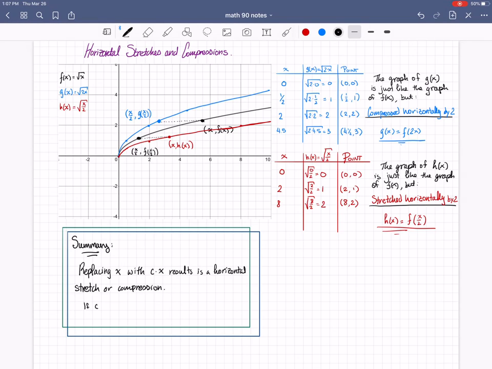If c is greater than 1, f of c times x is a horizontal compression of f of x. If c is less than 1, f of c times x is a horizontal stretch of f of x.